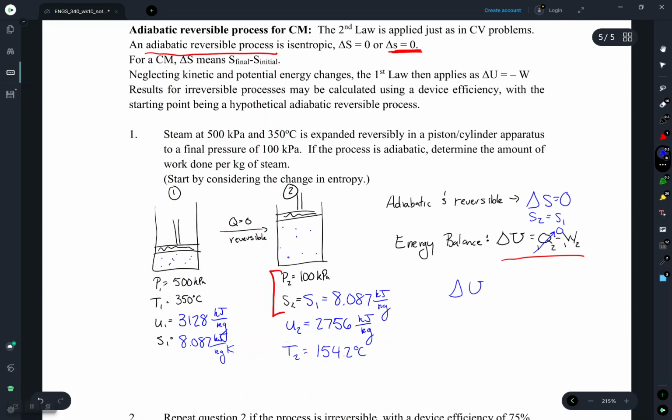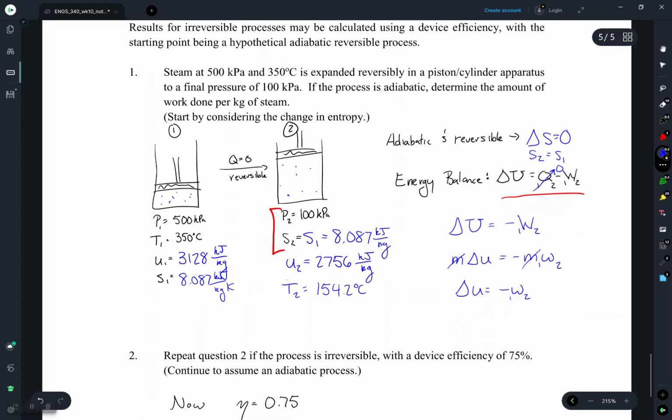So then delta U equals minus W12, or mass times delta U equals minus mass times W12. Our masses can cancel out and we get delta U equals minus W12. Again, the same as what we've done before if this had been a control volume problem. The change is that we've switched from talking about enthalpy or H to now talking about internal energy or U.